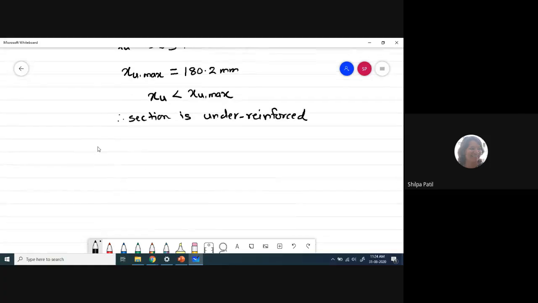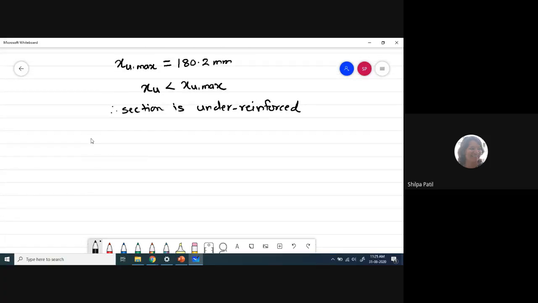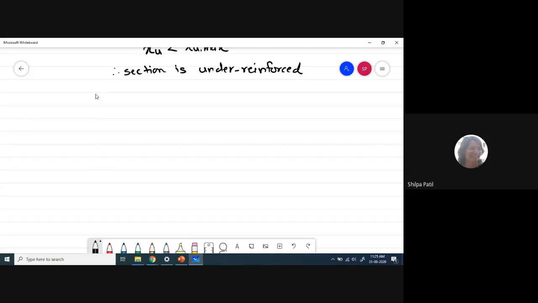Now what is the next step? FSC calculation. Let us calculate FSC using the XU value. The formula of FSC is 700 into bracket 1 minus DC upon XU.